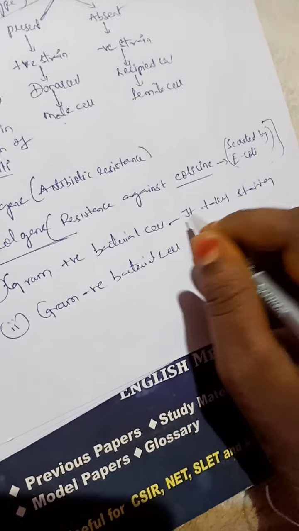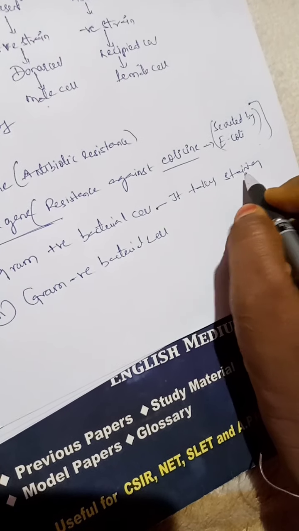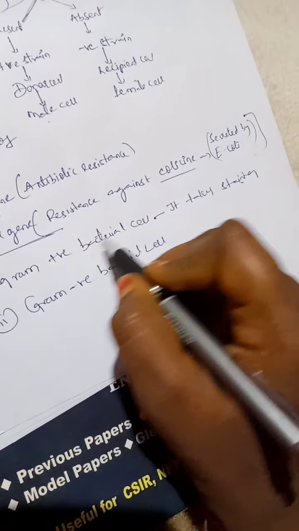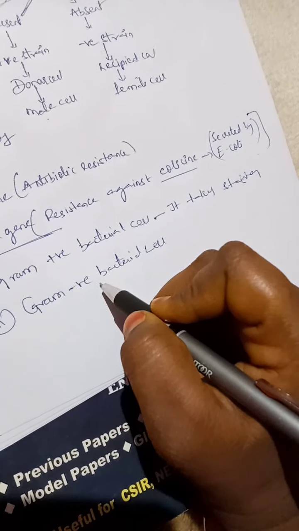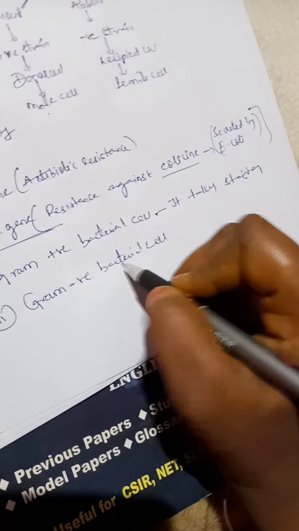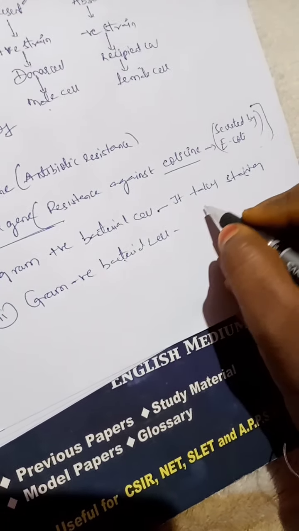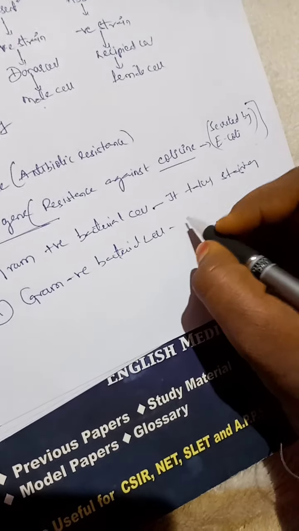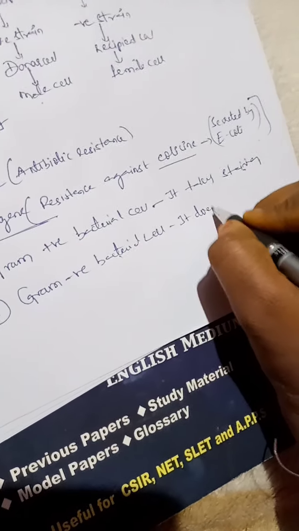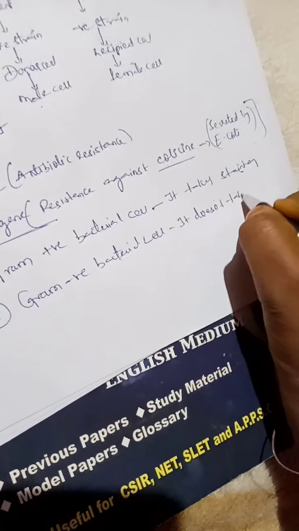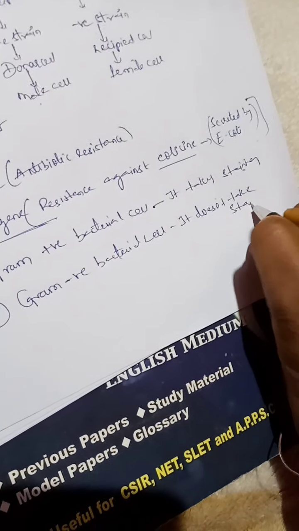If the bacterium takes the stain, we say it is gram positive, and if it doesn't take the stain, we say it is a gram negative bacterial cell.